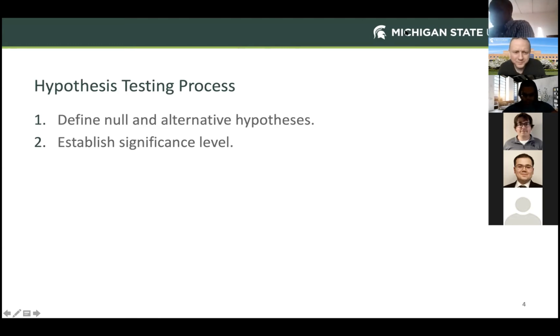Doing what? Is it making a type 1 error? Right. So our significance level is basically the probability that we would commit a type 1 error, which is the probability that we would reject the null hypothesis when in fact it's true.